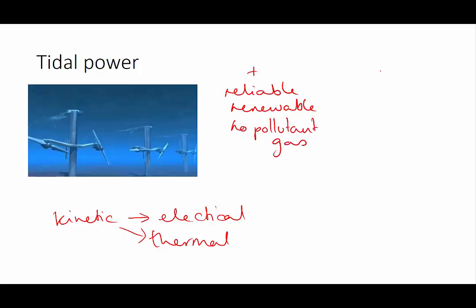However, because we only get 2 tides a day, it's not a constant supply of energy. It's only useful for short periods. So you'd have to find a way of storing the electricity. Okay, there will be some damage to the environment where it's built as well.